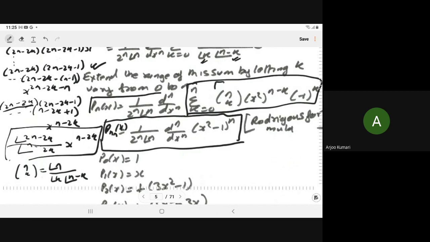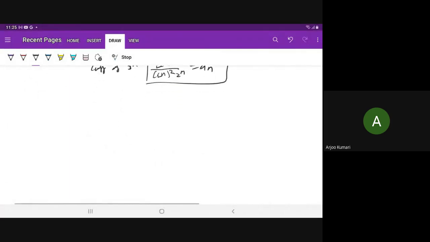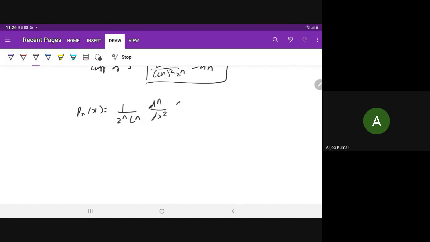So P_n(x) by the Rodrigues formula is 1 upon 2^n n! times the nth derivative of (x^2 - 1)^n. Now, if you have to determine P_0(x), it is 1 upon 2^0 0! d^0/dx^0 of (x^2 - 1)^0. d^0 is no derivative, so it will equal 1.